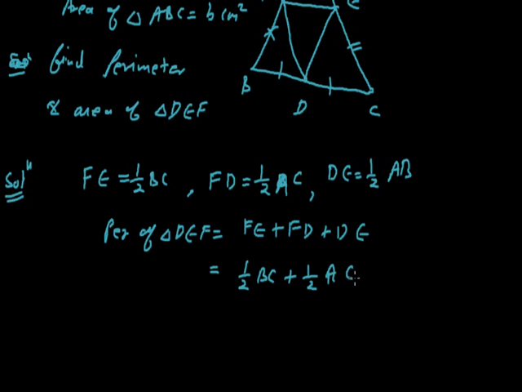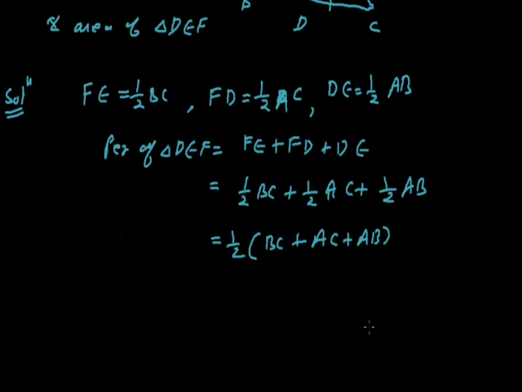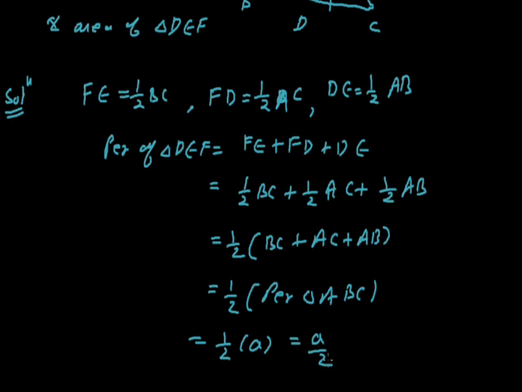In place of DE write half of AB. Take half common. In bracket we write BC, AC and AB, which is nothing but the perimeter of triangle ABC. In this question it is given that it is a. So our answer is a by 2. So the perimeter of triangle DEF is half of the perimeter of ABC, that is a by 2.